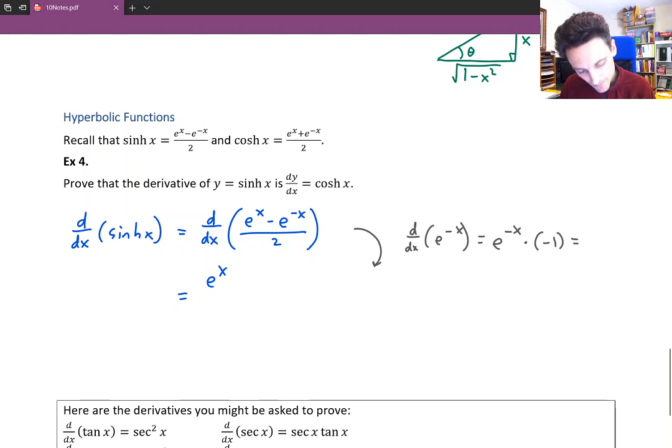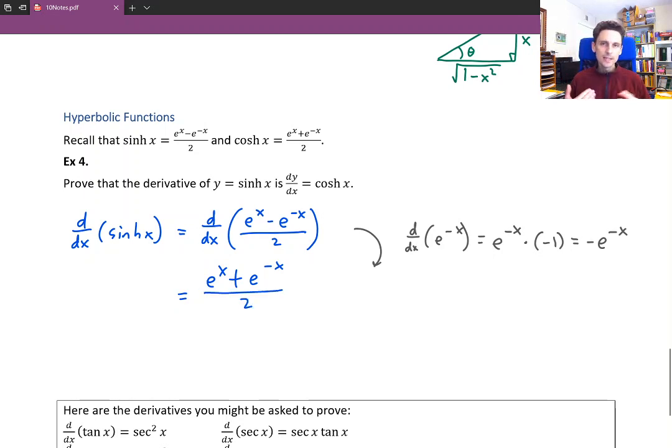So here we get negative e to the negative x. Now, you have an extra negative in front of that e to the negative x, so you'll have minus negative e to the negative x after you take the derivative, which turns into plus e to the negative x. And then you still have this over 2.